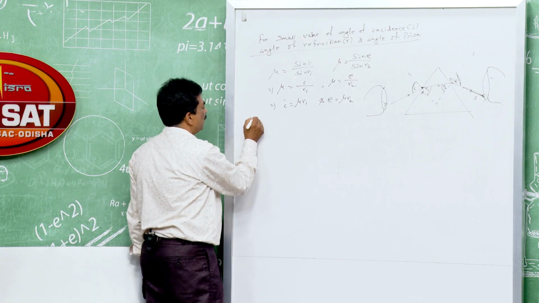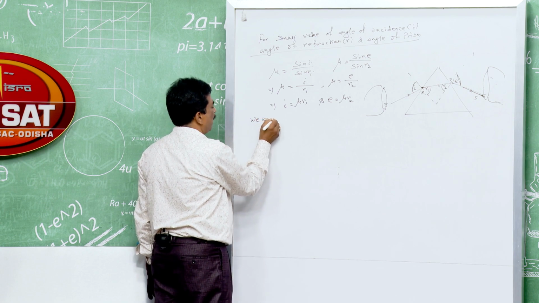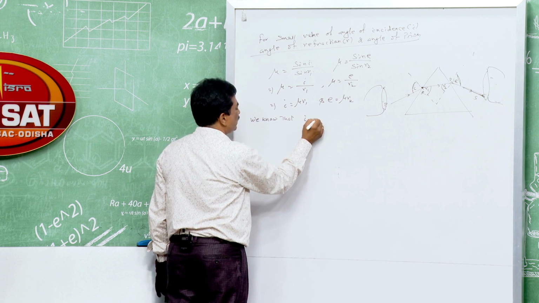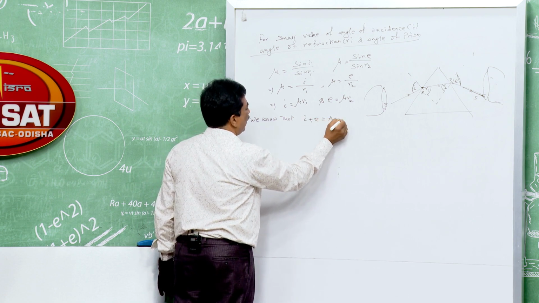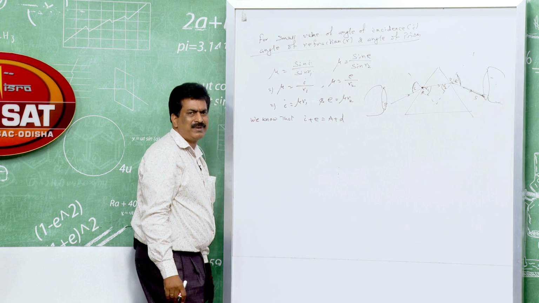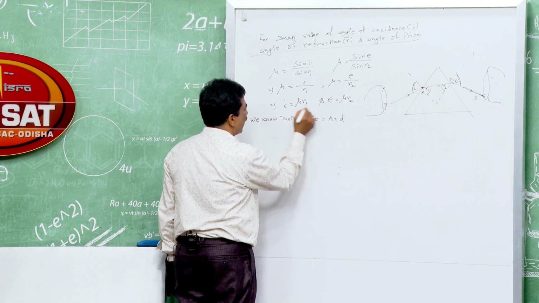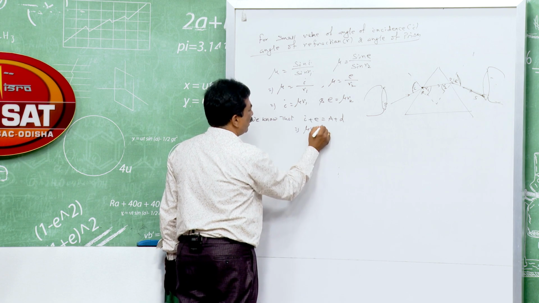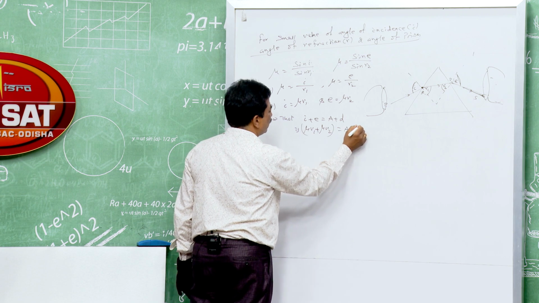But we know that i plus e is equal to A plus the angle of deviation. So i plus e, that is mu r1 plus mu r2, is equal to A plus D.